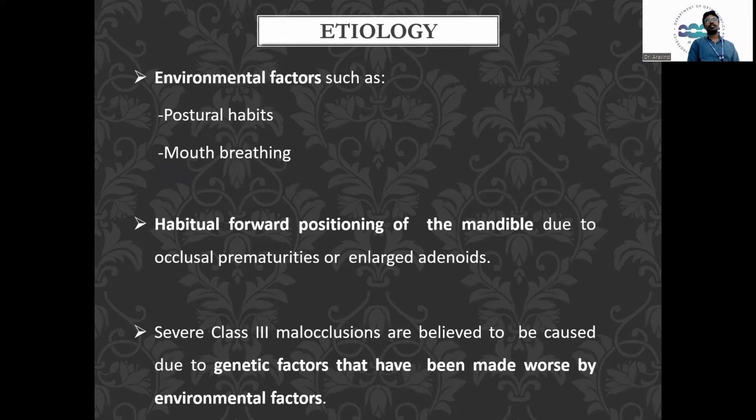These genetic factors will already be there in the patient, but they may be increased or made worse by environmental factors. So there are environmental factors, genetic factors, and postural habits of the patient, such as a mouth breathing habit, or a habitual forward positioning of the mandible due to hindrances such as enlarged adenoids or occlusal prematurities. So these are some of the etiologies for class 3 malocclusion.